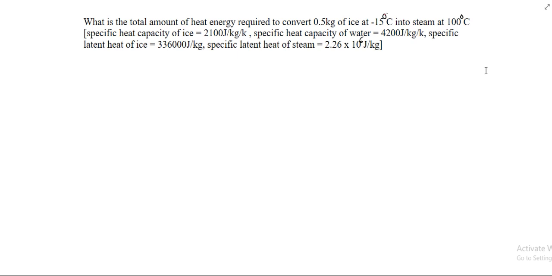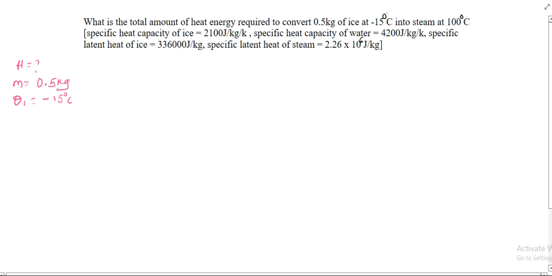Now, the first thing we'll be doing to solve this question is to bring out our parameters. First of all, we know that we have to find the total amount of heat required. Also, the mass of ice given is 0.5 kilogram, and the temperature of the ice is minus 15 degrees Celsius.